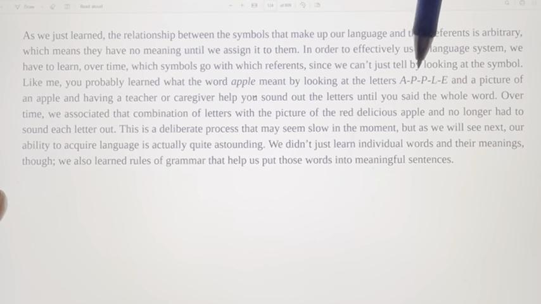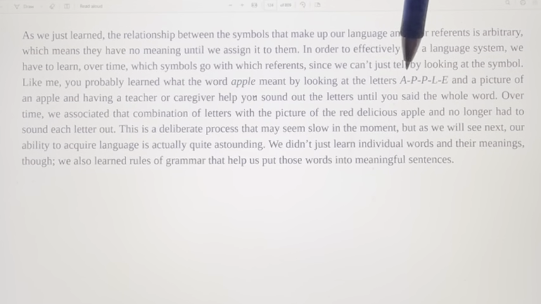P can make the p sound, which you do with your lips. And L is a very difficult sound to make. It's hard to learn, like R. But you notice there's two P's. So if you were to spell apple as a kid, A-P-L, that makes perfect sense.